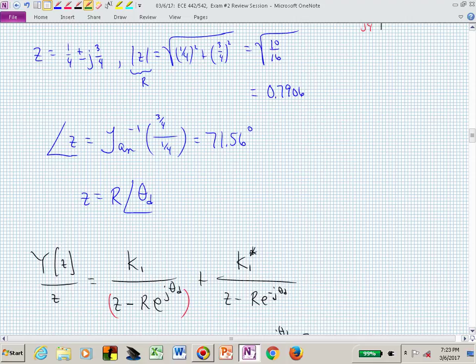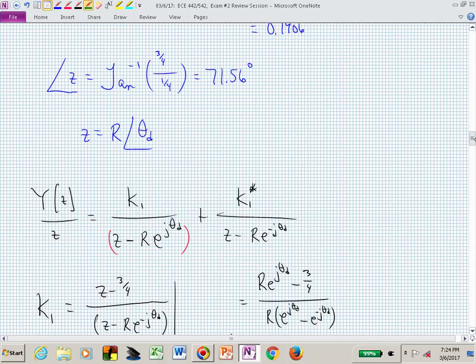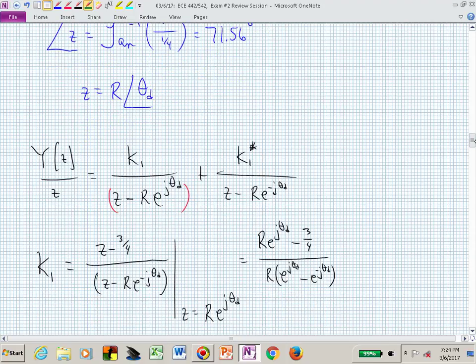So I now have just two factors, two poles, one in the first quadrant, another pole in the fourth quadrant, and they're located in polar form, r e to the j theta sub d and r e to the minus j theta sub d. And that I find by just setting the denominators equal to 0. To find K1, I now multiply.